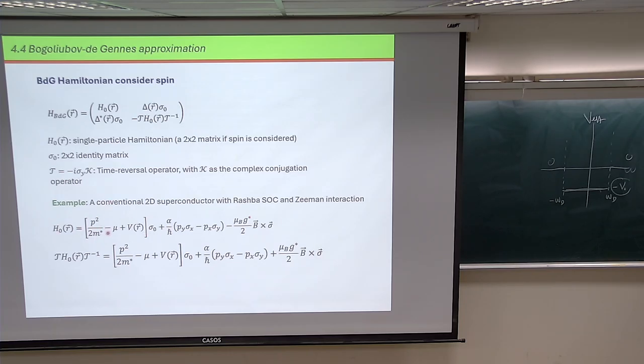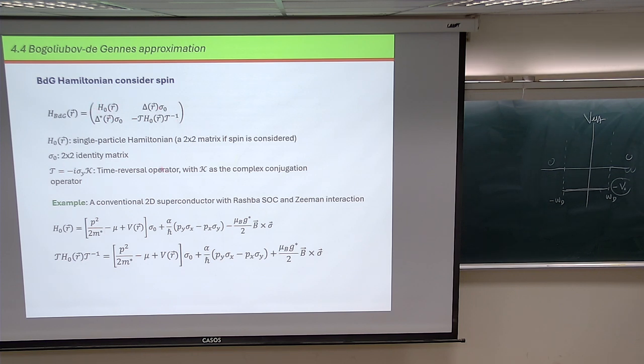Kinetic energy, mu is the chemical potential, V whatever electrostatic potential you will have. Of course, this is a 2 by 2 because you have a spin, so you have to multiply here by the identity matrix. Then this is the Rashba spin-orbit coupling, and this is the Zeeman interaction. So this is the Hamiltonian of my electron-like excitation. This is this block here.